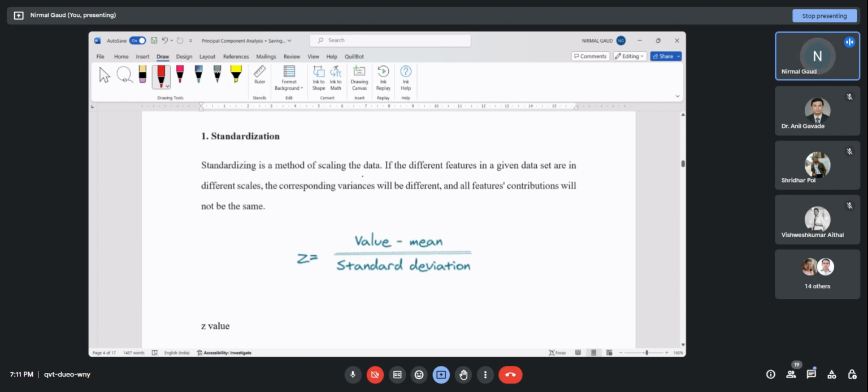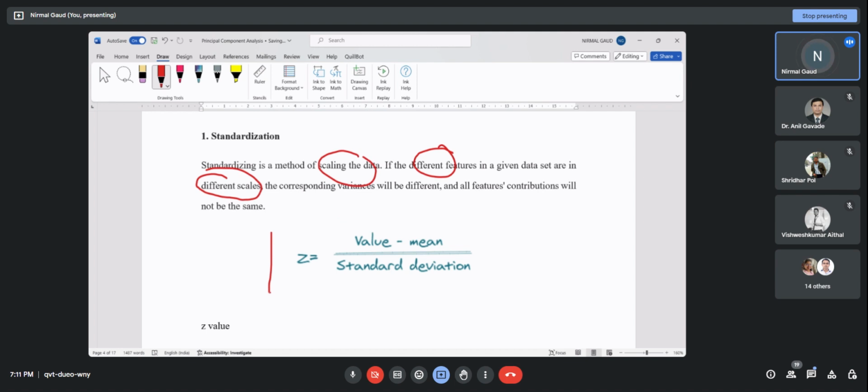It is a scaling method in which different features in the data are represented on different scales. That means some are represented in meters, some in kg, or something else. I want to make all these features over one scale. For that I need to standardize them.